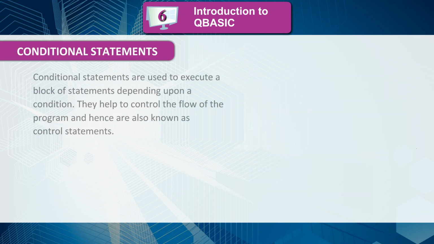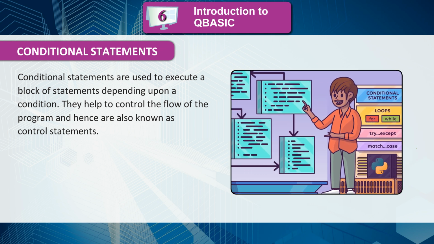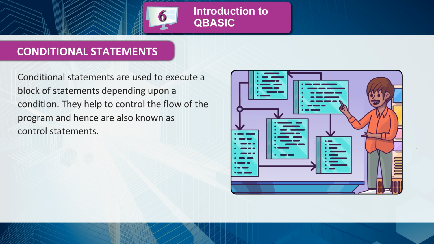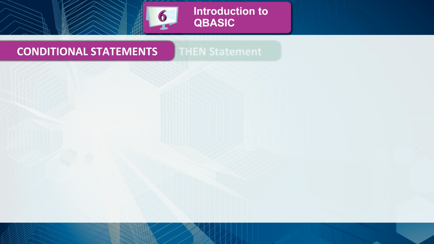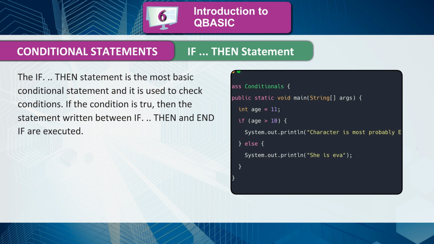Conditional statements. Conditional statements are used to execute a block of statements depending upon a condition. They help to control the flow of the program, and hence are also known as control statements. If-then statement. The if-then statement is the most basic conditional statement, and it is used to check conditions.